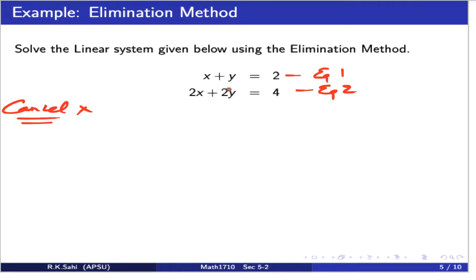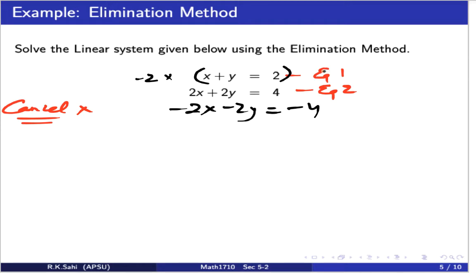Now to cancel x, equation 1 has coefficient 1, whereas the second equation has 2. So what we can do is multiply equation 1 by negative 2. So we will multiply this whole first equation by negative 2. What do we get? We get negative 2x, negative 2y equals negative 4.